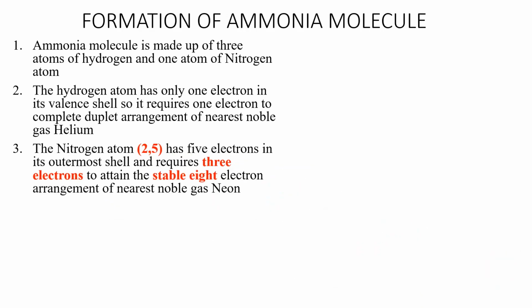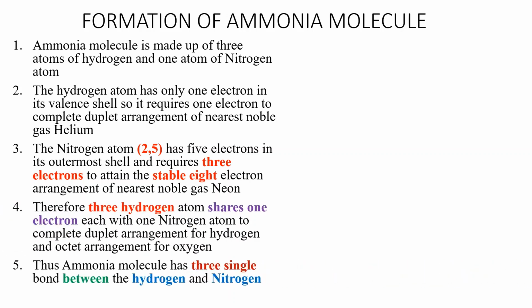Whereas nitrogen atom has got 5 electrons in its outermost shell and still requires 3 electrons to complete the octet. So it shares its electron with the hydrogen atom. By mutually sharing each other's electron, hydrogen completes a duplet and nitrogen completes an octet arrangement.